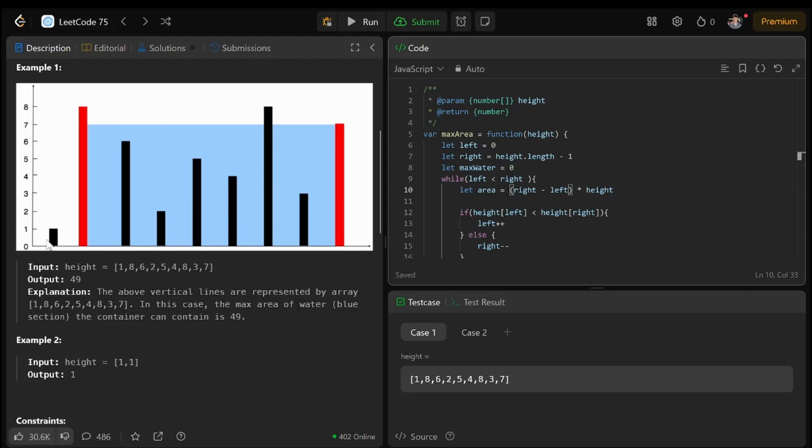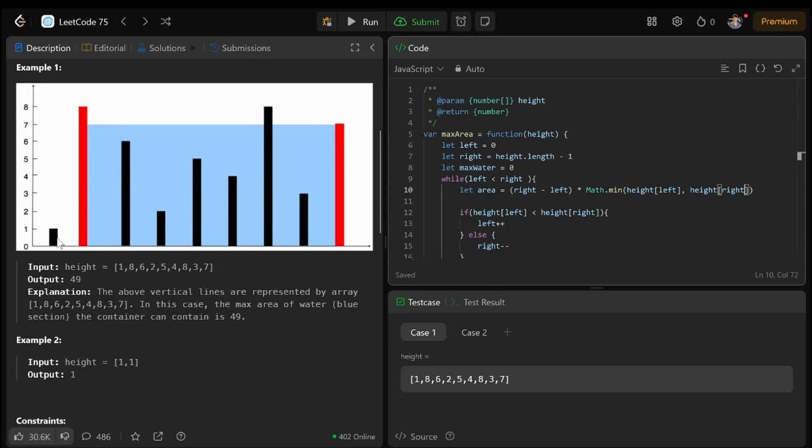And as we move these closer to each other, that will change. And then the height is going to be the smaller of the two. So to determine the smaller of the two, you can say math.min, and it's either going to be height of left or it's going to be height of right.